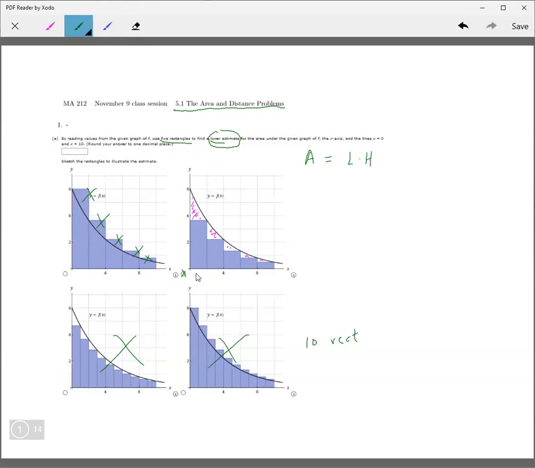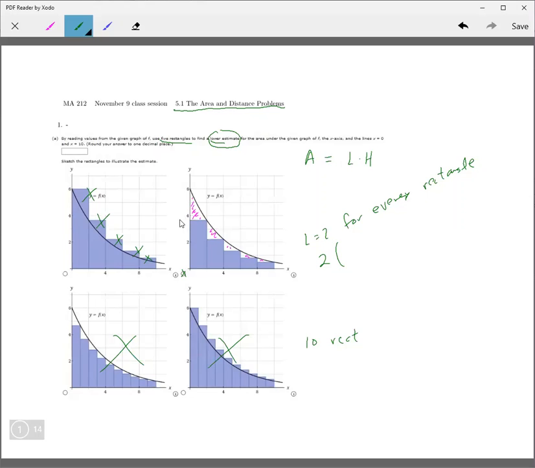Now all of these lengths are 2 for every rectangle in this figure. So the length part is going to be 2, and then for the height part we need to find the heights of each of these, and you just kind of have to estimate.